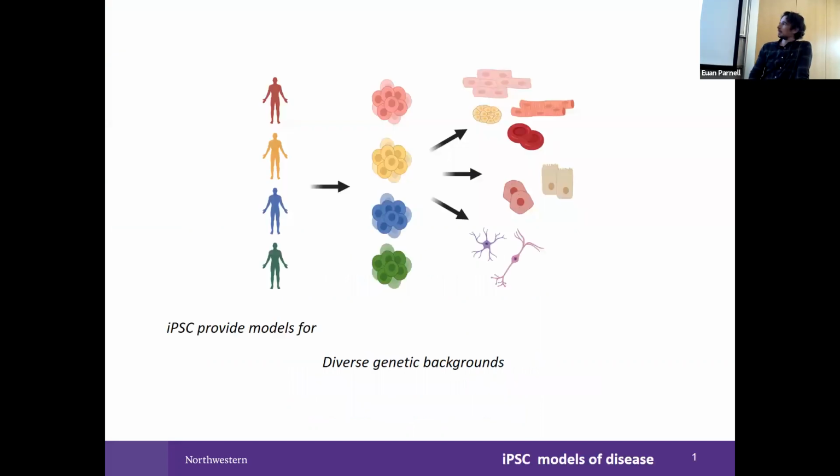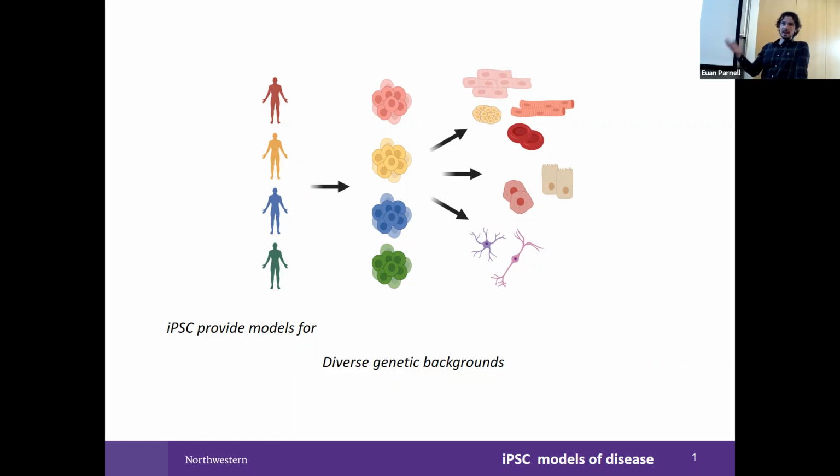And so just a quick background on iPSC, induced pluripotent stem cells. These are a really useful tool for modeling neurodevelopment and many other disorders. The benefit of them is that you can take fibroblasts or blood samples from a diverse cohort of patients for any genetic disorder you're interested in.